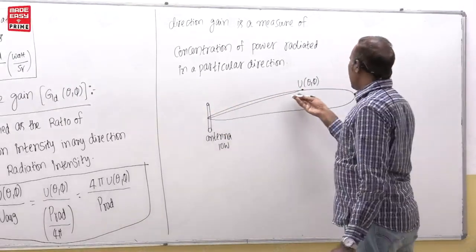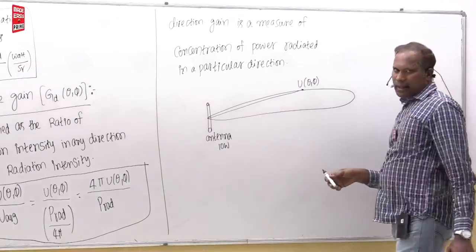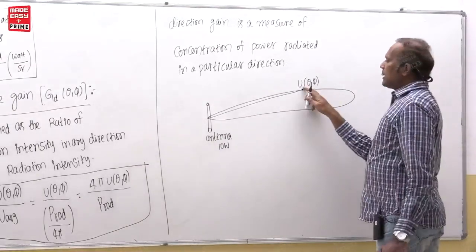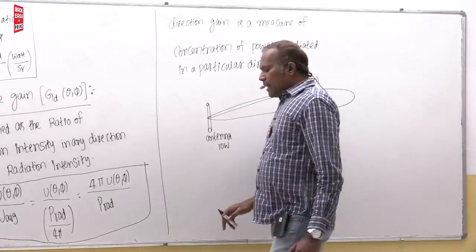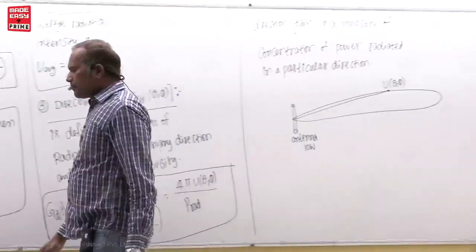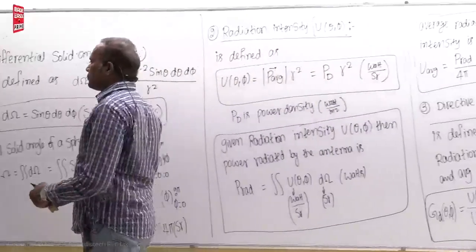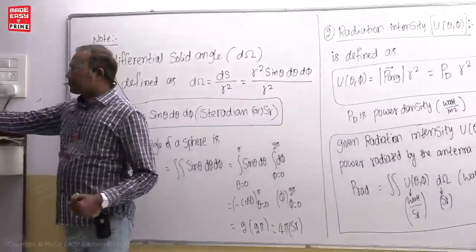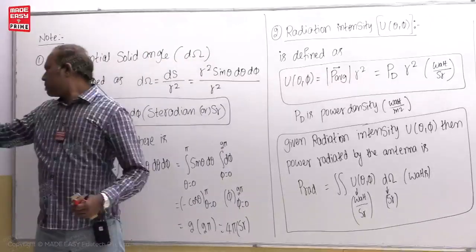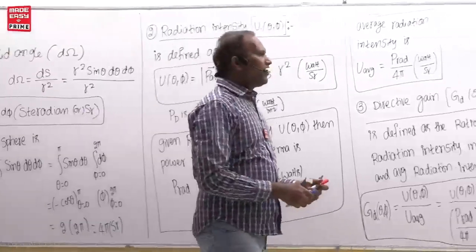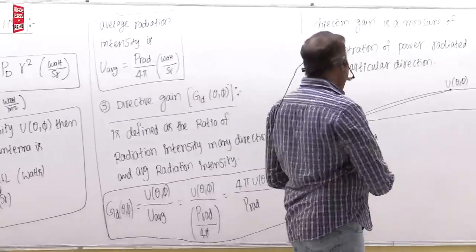In this direction maximum radiation intensity is there. So direction to direction radiation intensity changes. Then you take the average value of this one.